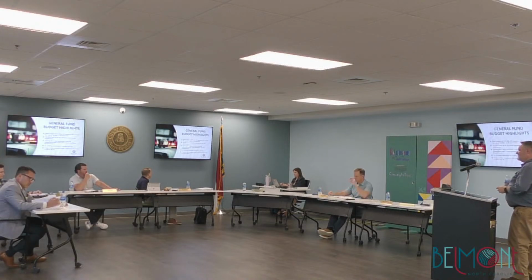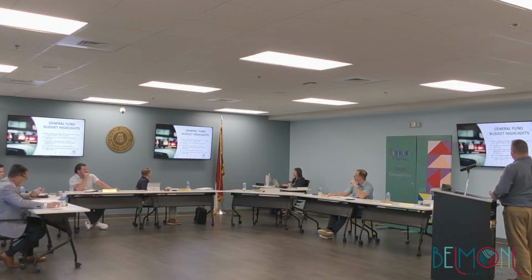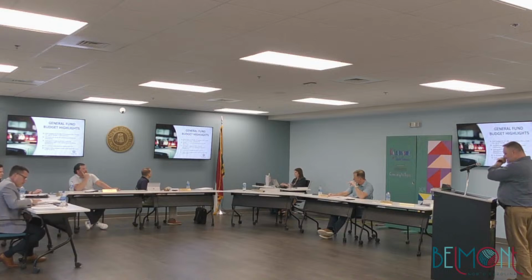Just highlights of the budget: the general fund has a total budget this year of $25 million. It's an 11% increase from the prior year, and the budget is balanced based on the same tax rate of 45.5 cents. Included is a 2% COLA and a 3% merit for our employees, the same as we had last year.